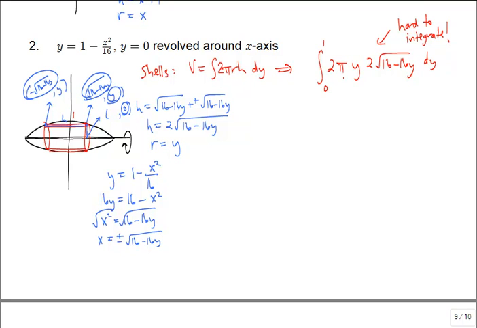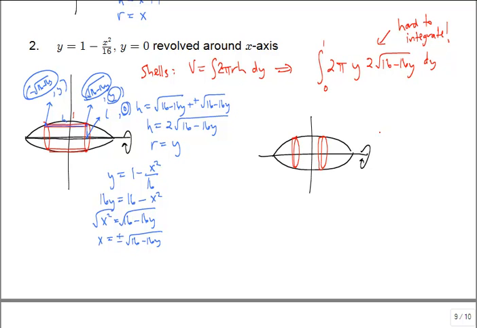So that's why I would probably not use the shell method in this example, and instead I would vote for doing it with disks. So if we drew this region again, if you took your slice perpendicular to the axis of revolution, so I go vertically, then you have nice solid disks no matter where you draw them.